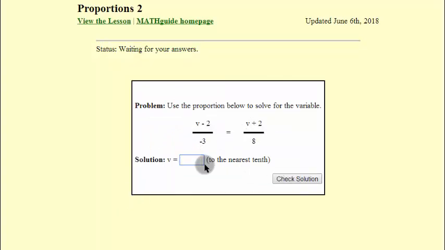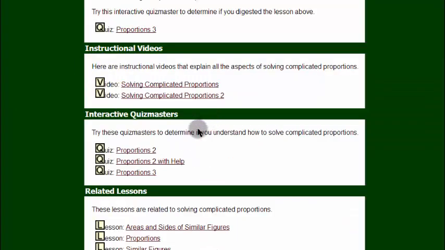Students plug in a number, check the solution, and it says it's wrong. Students don't understand why it's wrong. They don't understand where along the way they're having trouble. So that's why, if you back up, I have also created other quizmasters to help students that are of a lower functioning nature.